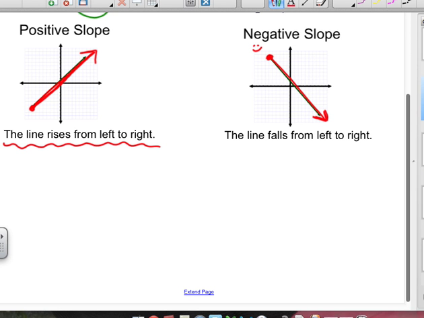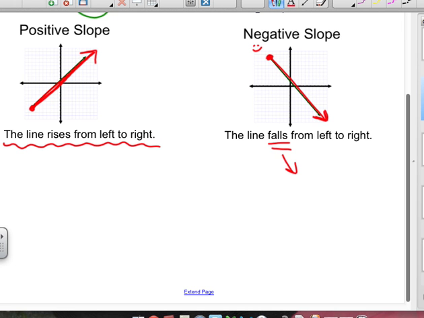That's called a negative slope. So in this example, the line falls from left to right. So we always look at our graphs from the left side of the graph to the right side of the graph, and we follow the line. If it's going up to the right, it's positive slope. Down to the right, it's negative slope.